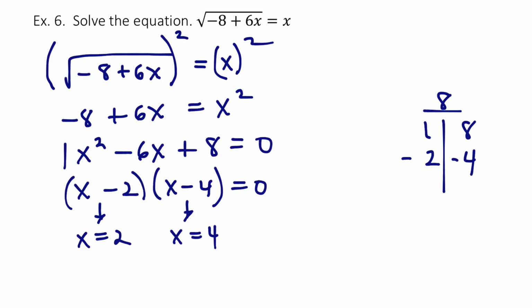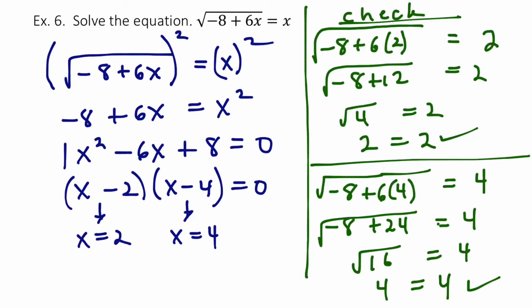All right, those are what I believe are my solutions. Now I want to perform the check step. So I first checked x is equal to 2, substituting back into my original equation in 2 places, 2 here and 2 here, simplifying, and finally my last statement is a true statement.